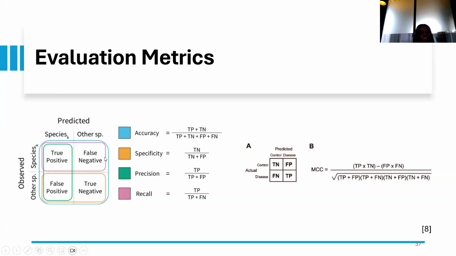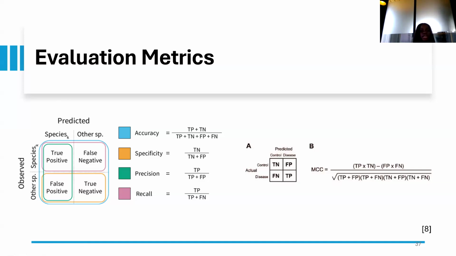False negatives are the patients who are responders, but were predicted as non-responders. False positives are all the patients who are non-responders, predicted as responders. And true negatives are those who are non-responders, predicted as non-responders. And that gives us all of these evaluation metrics.